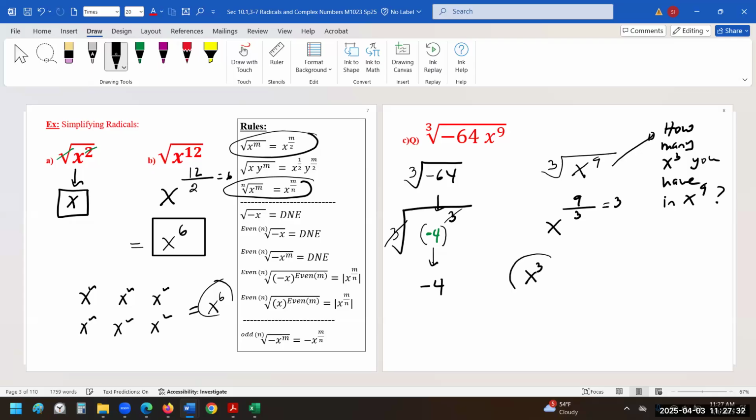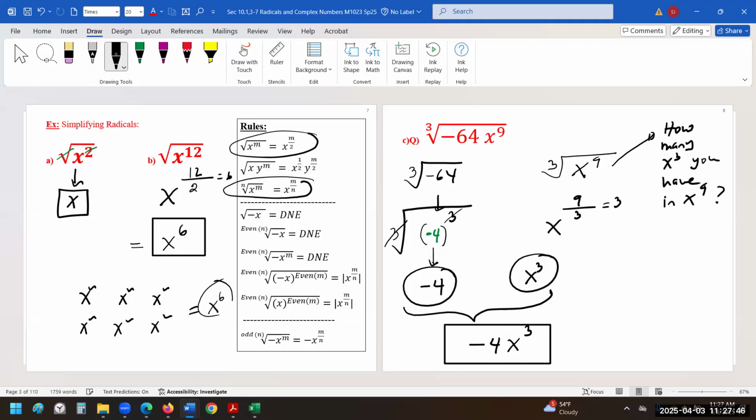So we have negative 4 from the number, x cubed from the variable, then we put them together as one whole thing. Any questions so far?